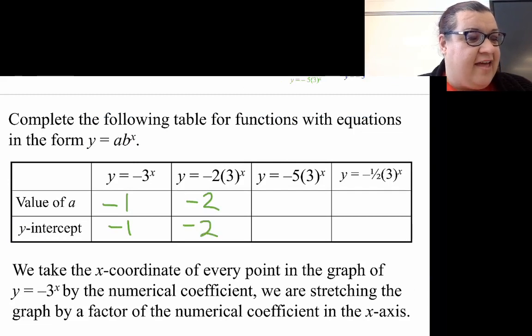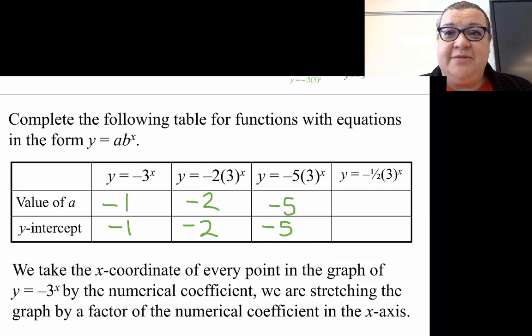So what's our value of a when y is equal to negative 5 times 3 to the x? Of course, it's negative 5. What's our y-intercept? You got it, it's negative 5. And when y was equal to negative 1/2 times 3 to the x, our a value is negative 1/2, and so was our y-intercept value.